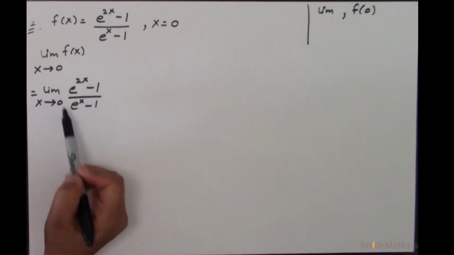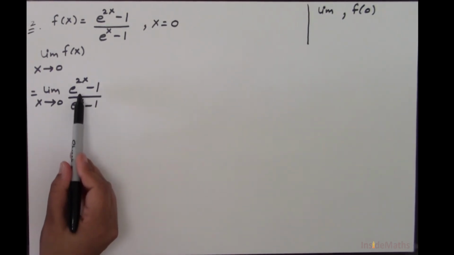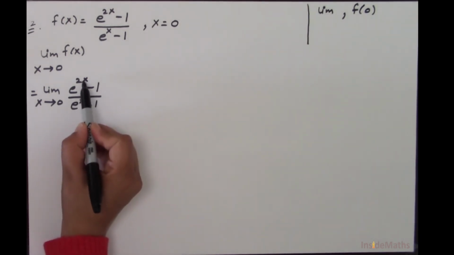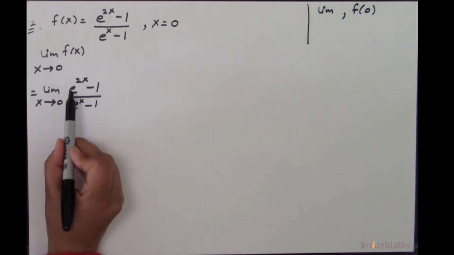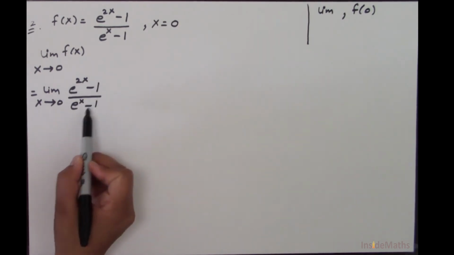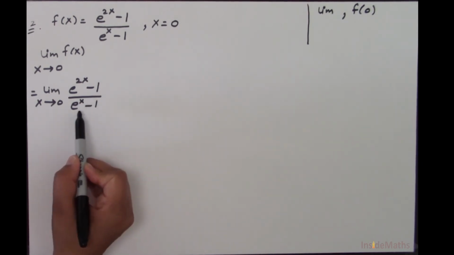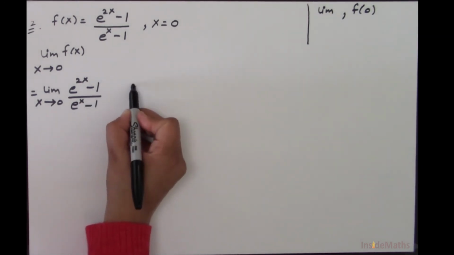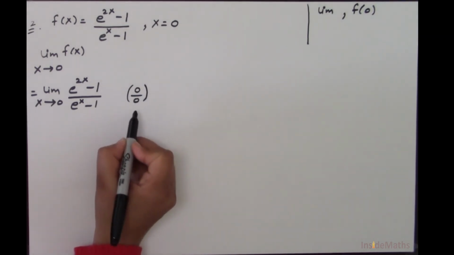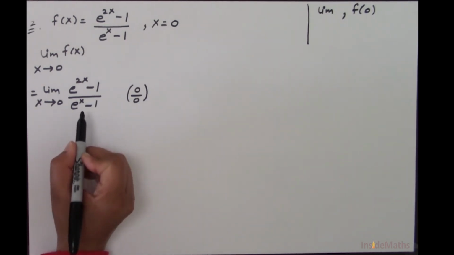Now here, if I use the direct substitution method to solve this limit, I get 0 over 0 form. As you put 0 in place of x, you get e raised to power 0, which is 1, and 1 minus 1 is 0. And in the denominator also, e raised to power 0 minus 1, that is 1 minus 1, which is 0. So it becomes 0 over 0 form. That means the direct substitution method fails.